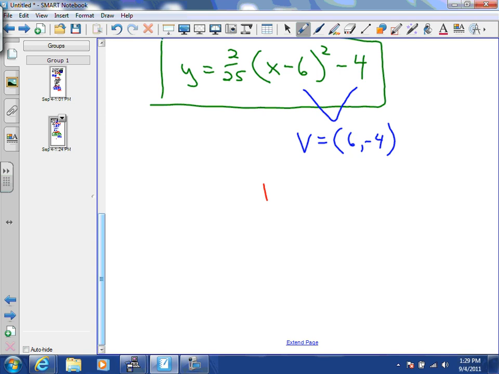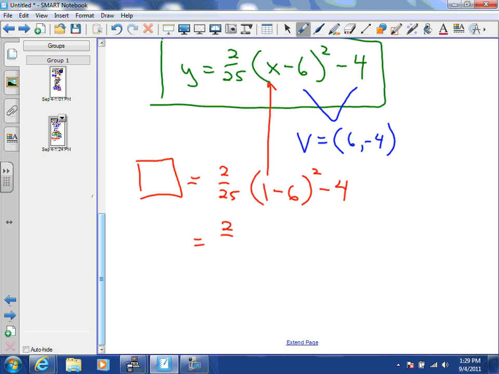1 negative 2. What I had just said, another way we can do it is, I'll show you this real quick. If I plug in 1 for x, squared minus 4. If I evaluate this over here, I should get negative 2, because that's the ordered pair 1 comma negative 2. Well, let's see.